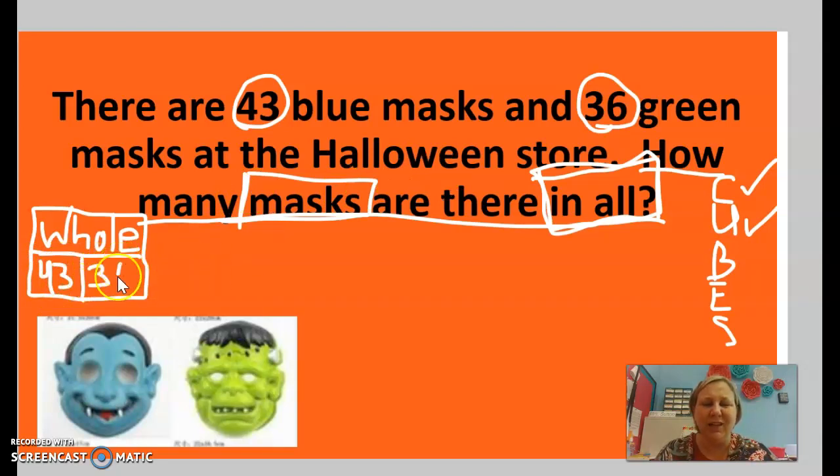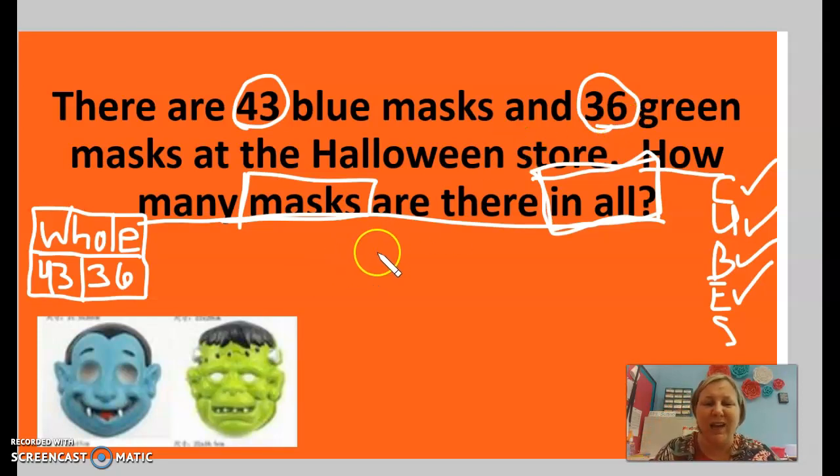So they give me a second part. And I have to figure out how many masks there are together, the whole amount of masks. So to do that, I am going to do what? That's right, I need to add. So that's part of my evaluating and making a plan: I've got to add those numbers together.